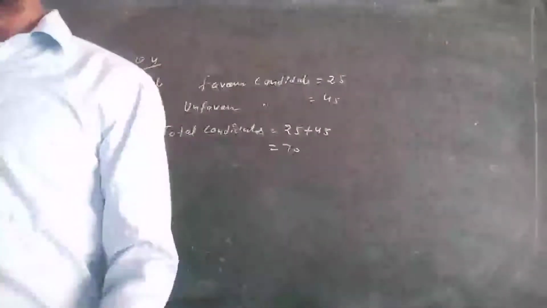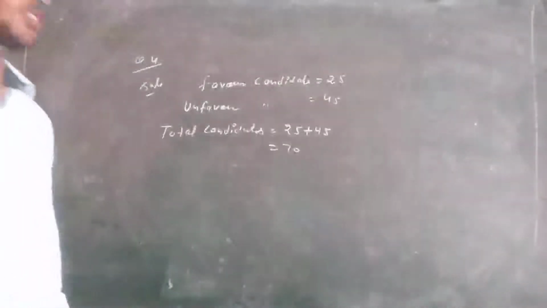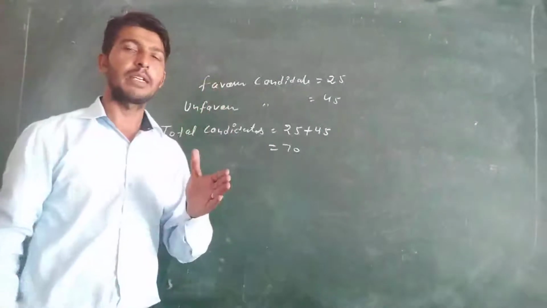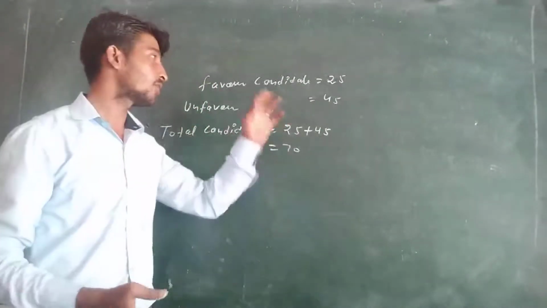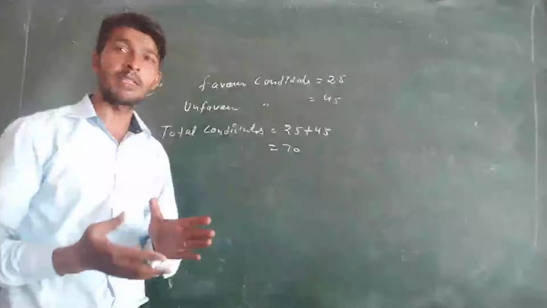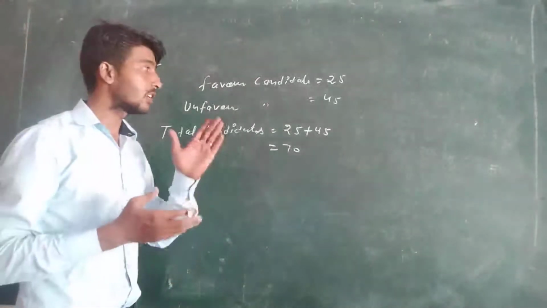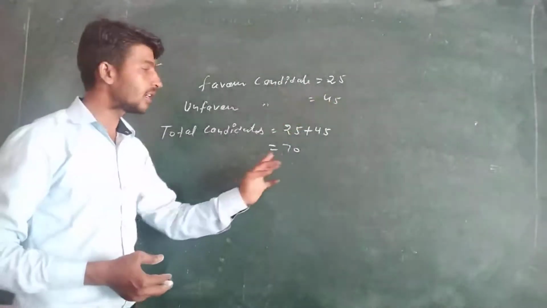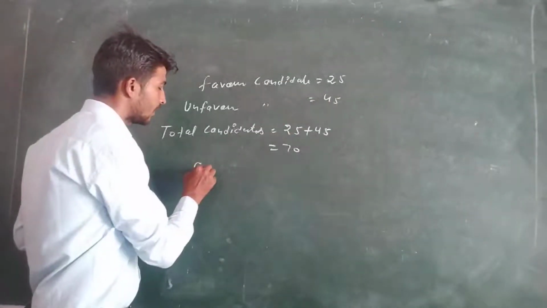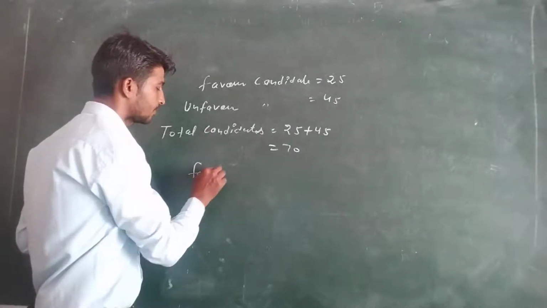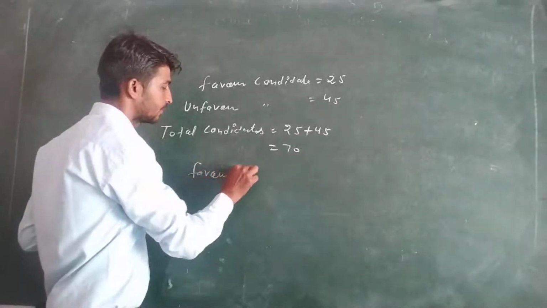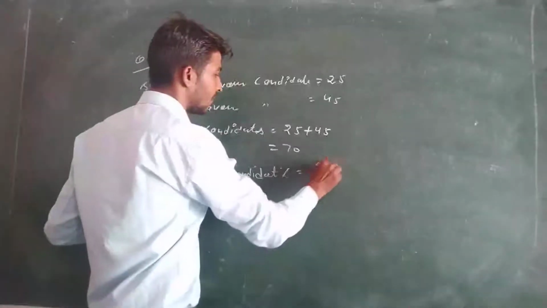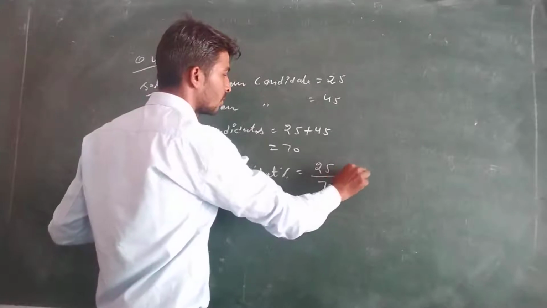Okay, so now you have to find the favor candidate percentage. So my dear students, if in the question he asks the favor candidate percentage, then what concept will you apply? Favor candidate is 25 and total candidate is 70. So when you want to find the favor candidate percentage, 25 upon 70 into 100.